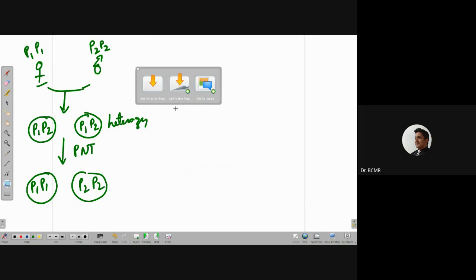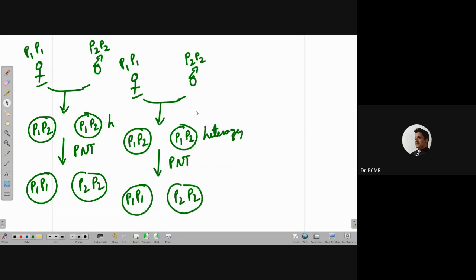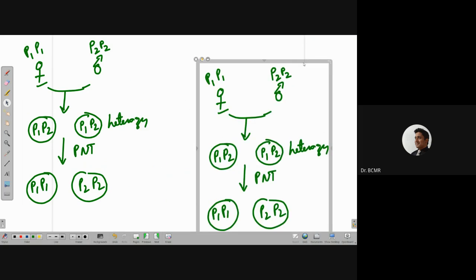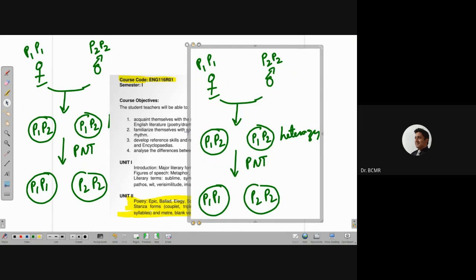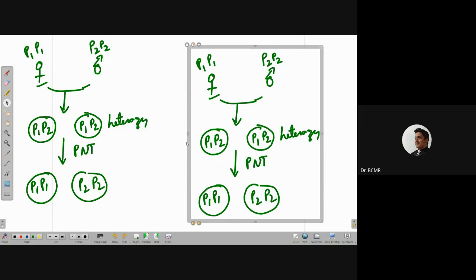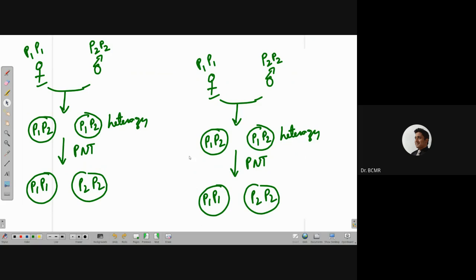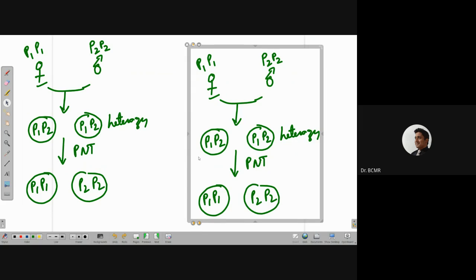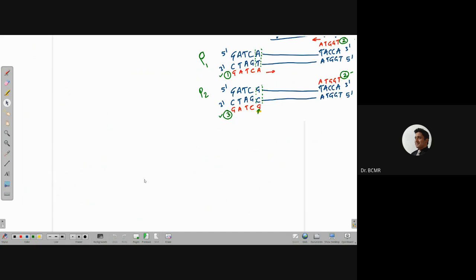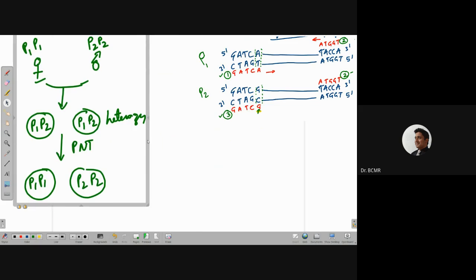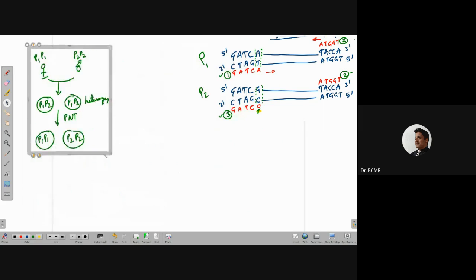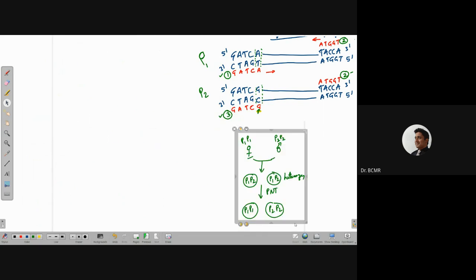This is also part of the experimental setup, so that you'll remember.